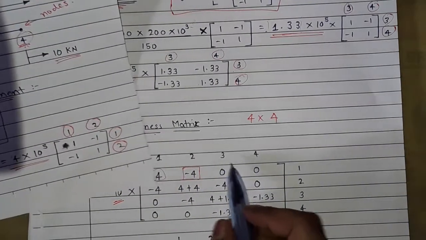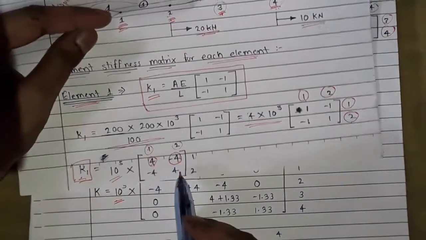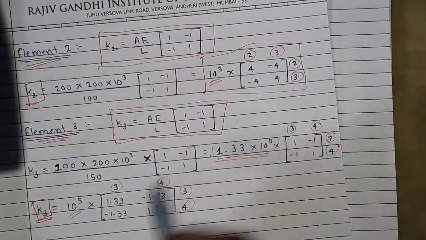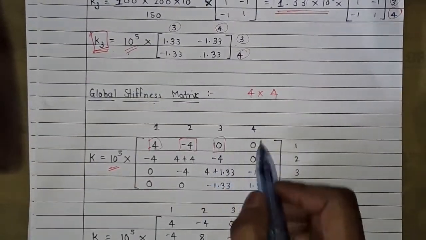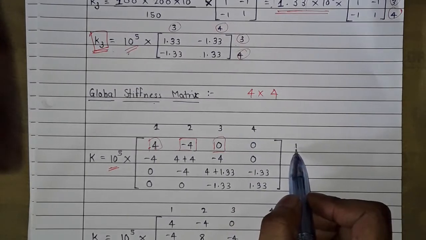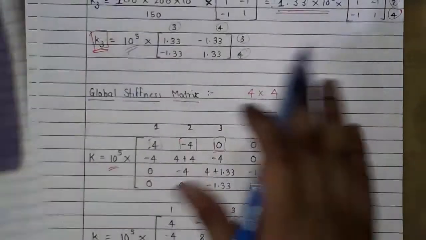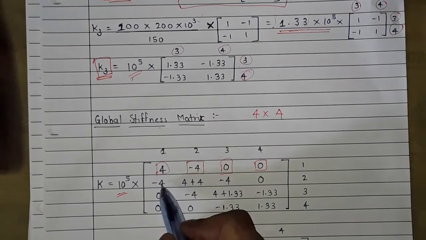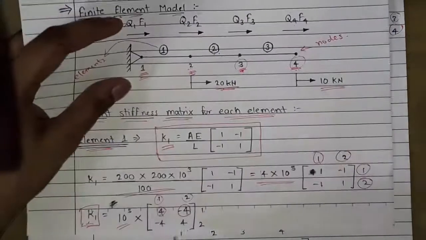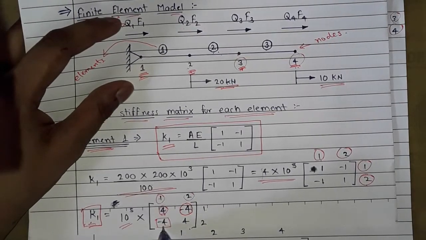Now friends, for third column and first row, we don't have it in K1, here also we don't have it, and in K3 also we don't have it, so the value is 0. Now for fourth column and first row, it is also not there in K1, K2 and K3, so its value is 0. Now for first column and second row, let's see in K1, this is first column and this is second row, the value is -4.